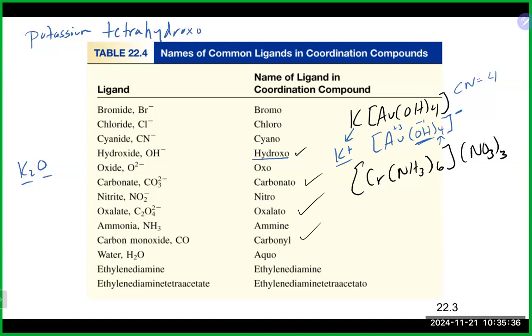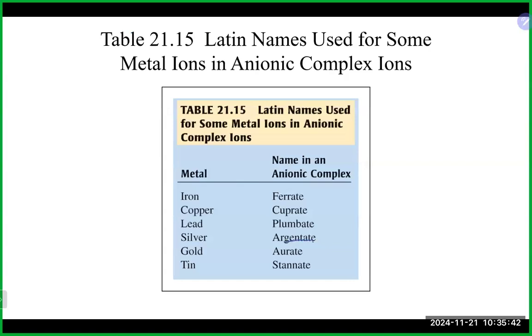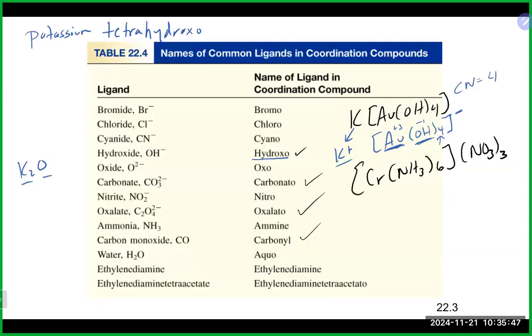Now, because this complex ion is negative, we are going to go with the older way of naming gold, which is aurate. That's what we want to use. And we do want to put a Roman numeral to indicate the charge on the metal, and it comes at the end of the complex ion part of the name. So this would be potassium tetrahydroxoaurate(III). Any question on that name there?